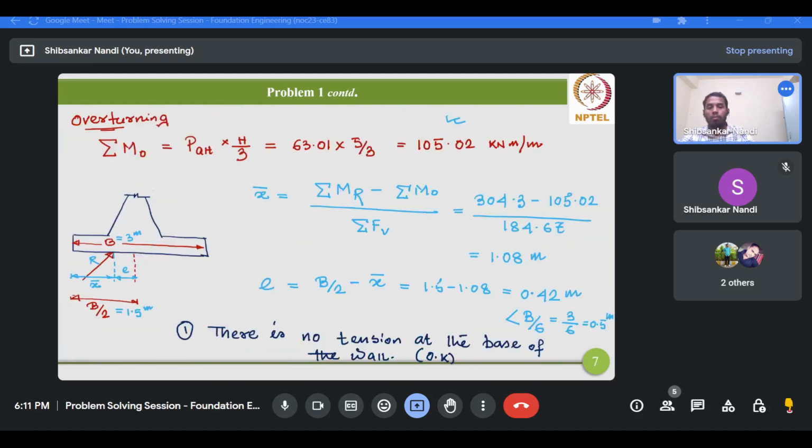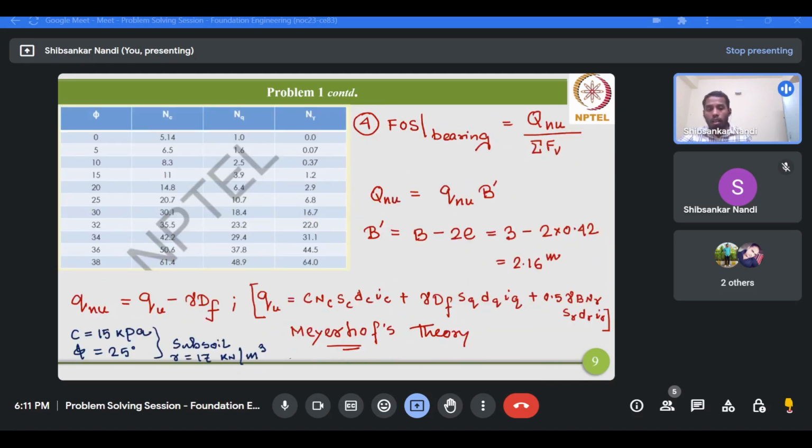So Df is your 1 meter. Now corresponding to phi equals 25 degree, we'll first determine the bearing capacity factors. This table gives you the bearing capacity factors based on Meyerhof's theory.